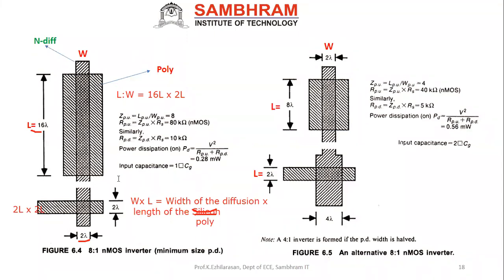Now let us see what the overall ratio is. The overall ratio is ZPU by ZPD.